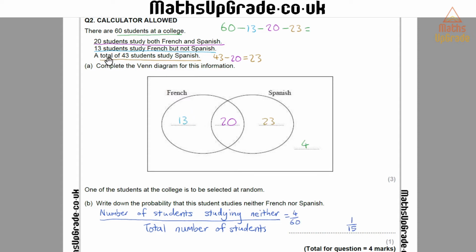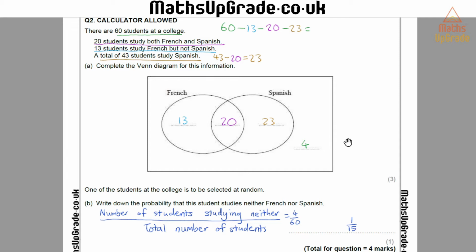And we're also told a total of 43 study Spanish. So we already know 20 here study Spanish, so 43 minus 20 leaves 23 for this region here. Since we're also told in the first information here that 60 students are at the college altogether, we can subtract these numbers from 60 to give the remaining students that studied neither French nor Spanish, and that is 4.